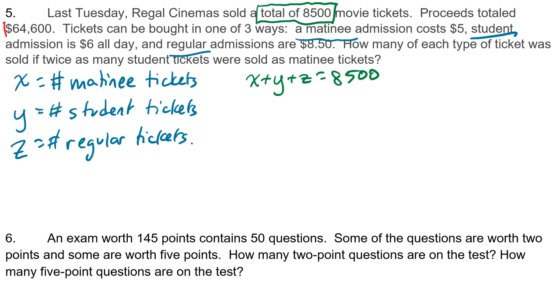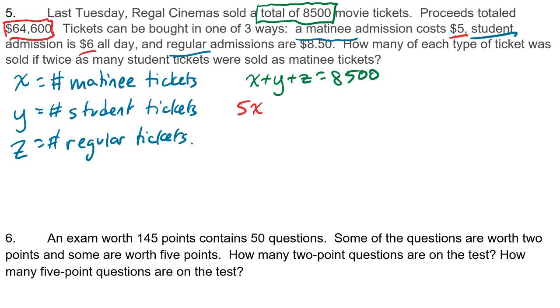All right, next up, we know that $64,600 was the total proceeds, which means if we add up the price of each ticket times the number of tickets, we should get that. So matinee tickets were $5, so it's 5x.